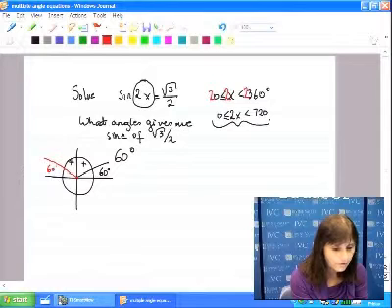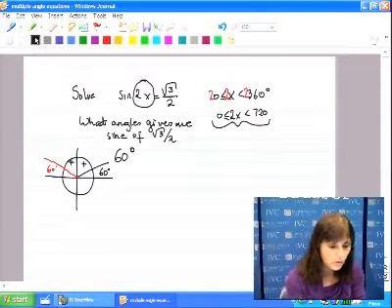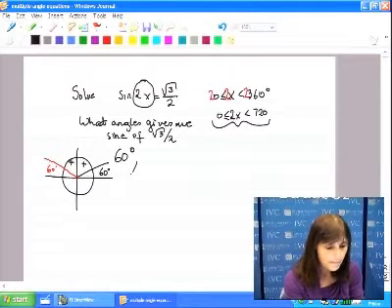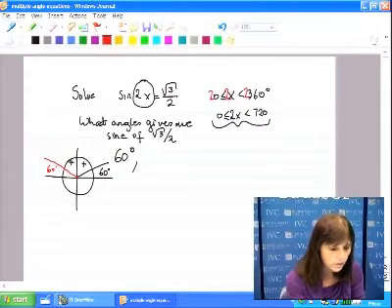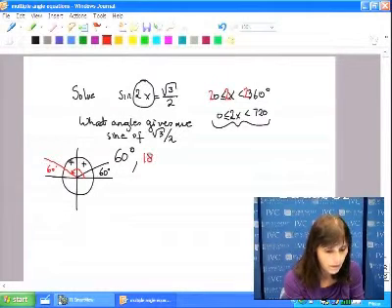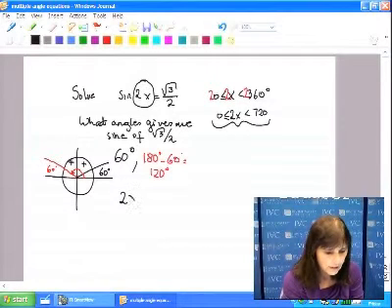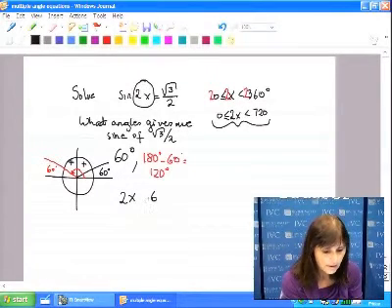It's going to have a reference angle of 60 degrees, but the second one is going to be 180 minus 60, which is 120. So I know my 2x is going to be the first one 60 and the second one 120.